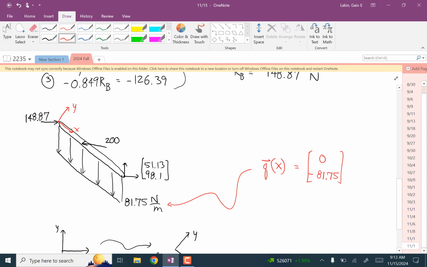You can imagine we'd be mostly upside down, so that distributed load vector would be pointing up. Oh no, if you had rotated the same direction, just chosen the opposite end as your origin. Oh, okay. So you still have the 200 facing down.